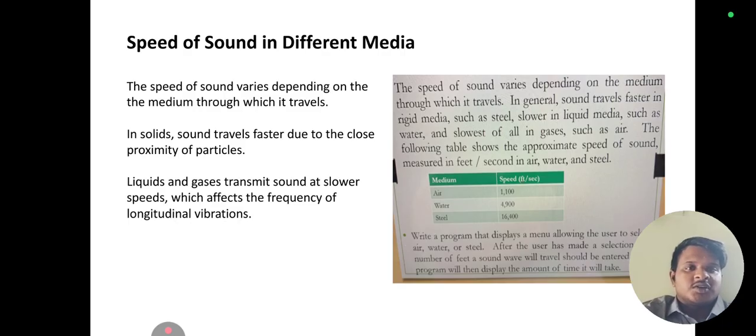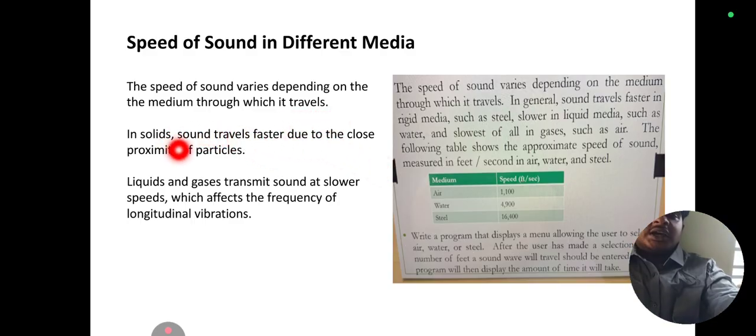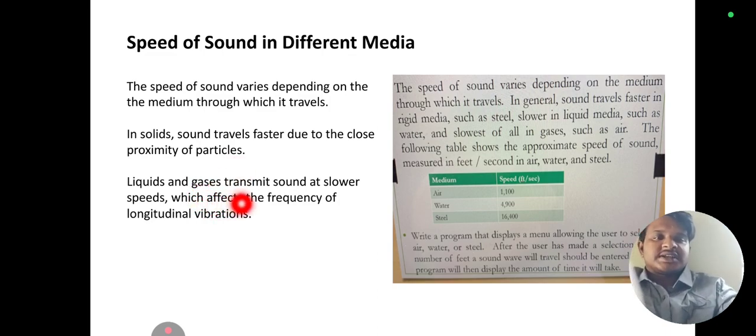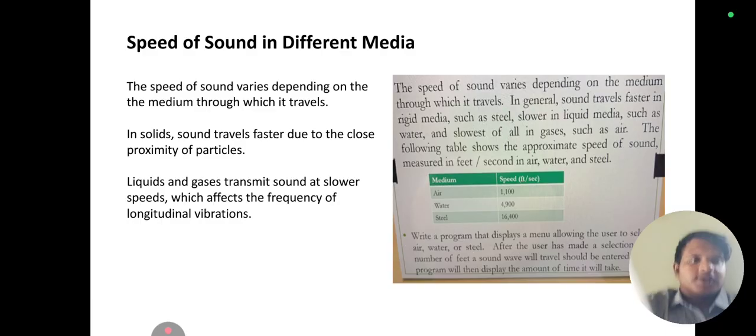Speed of sound in different media. Now we can observe the speed of sound in different media. The speed of sound varies depending on the medium through which it travels. In solids, sound travels faster due to the close proximity of particles. Liquids and gases transmit sound at a slower speed, which affects the frequency of longitudinal waves.